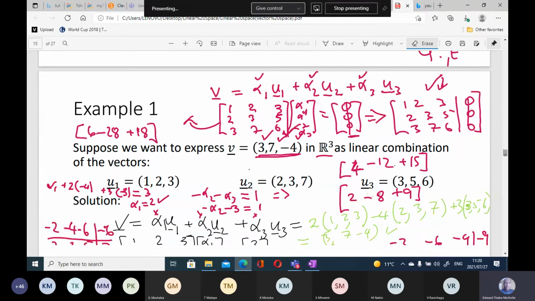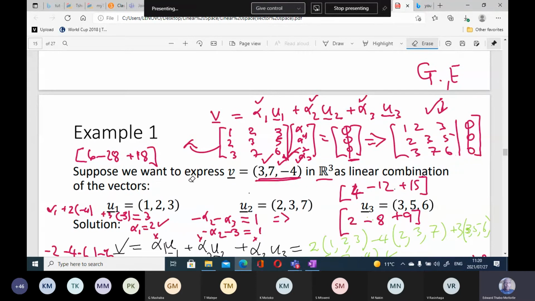Now, in the next example, they say suppose we want to express v = (3, 7, -2) in R3 as a linear combination of u1, u2, and u3. Okay, I've already solved this problem here. I'll just go to a different space and try to solve it again for you.